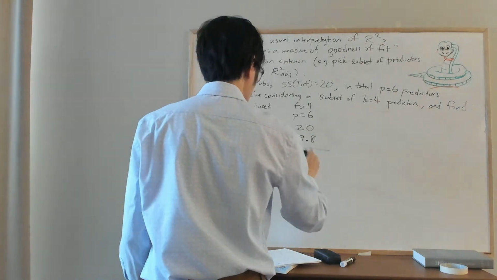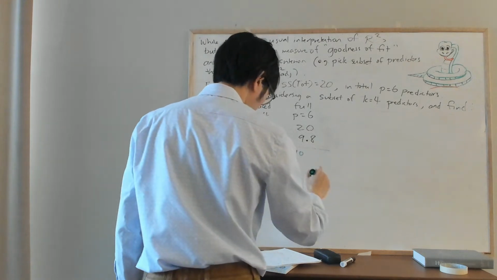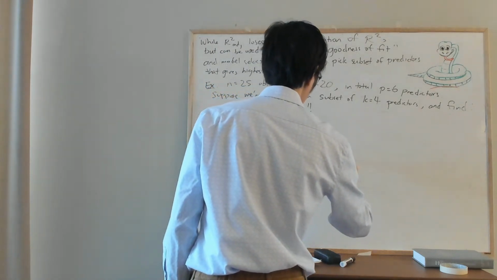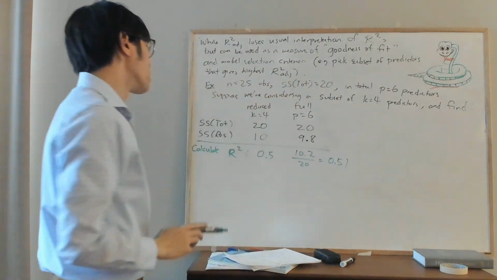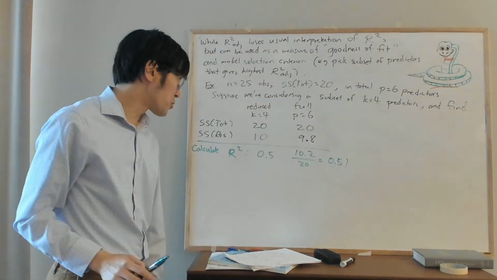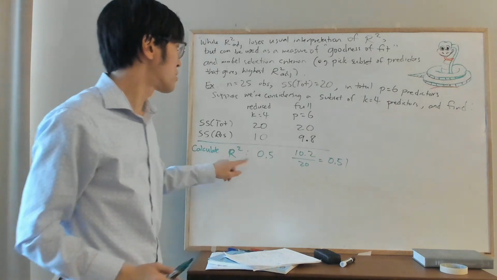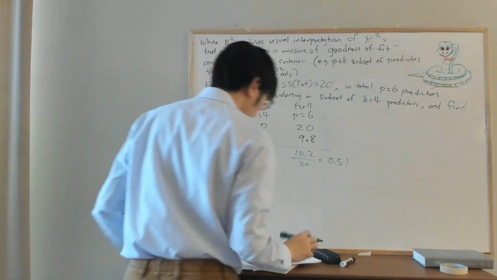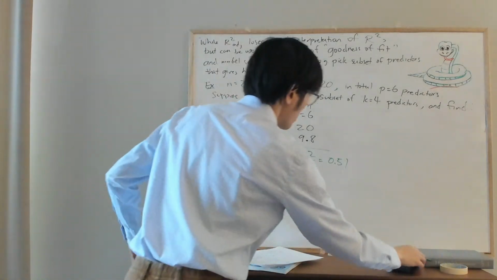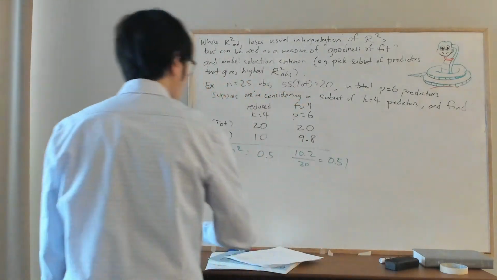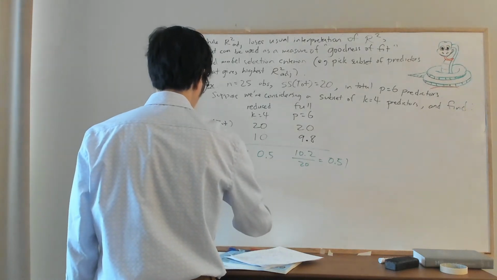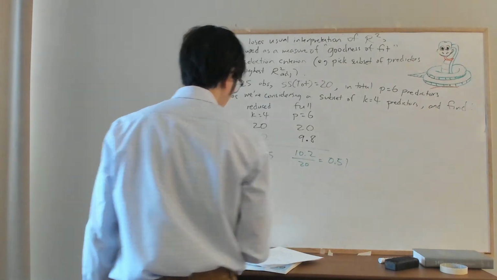So this would be 10.2 over 20, or 51% of the variability. So you see that necessarily R squared can only increase when we throw in more predictors. But the point of this is to also look at what happens to the adjusted R squared. So let's also calculate that.